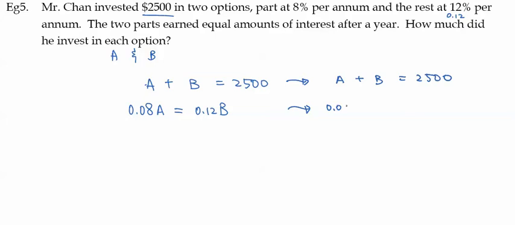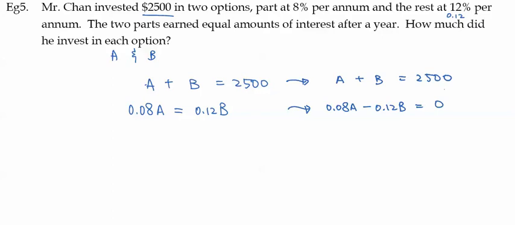So I have 0.08A, bring it to the other side with 0.12B equals 0. And we can eliminate one of the two variables.